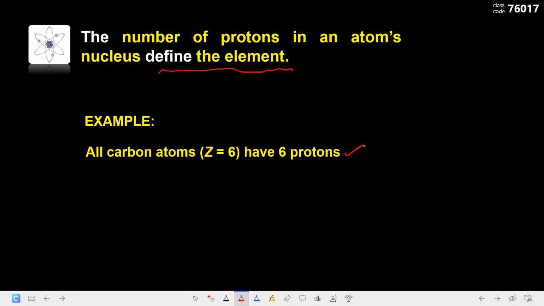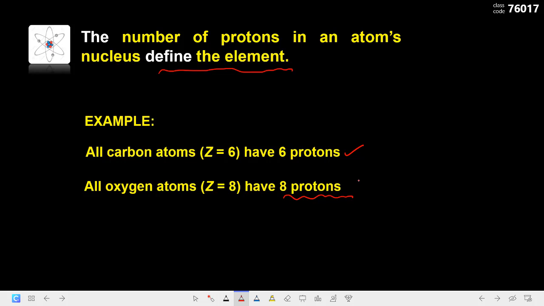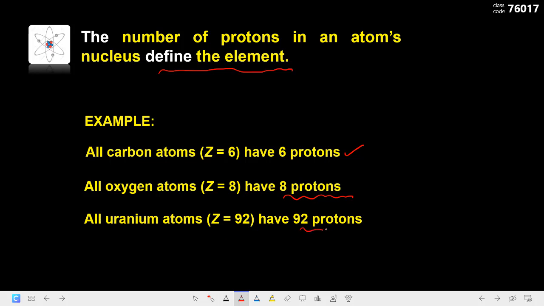While oxygen atoms must have 8 protons in the nucleus of its atom. Another example, uranium, contains 92 protons in the nucleus. So the symbol of proton number or atomic number tadi, simbol dia adalah Z.